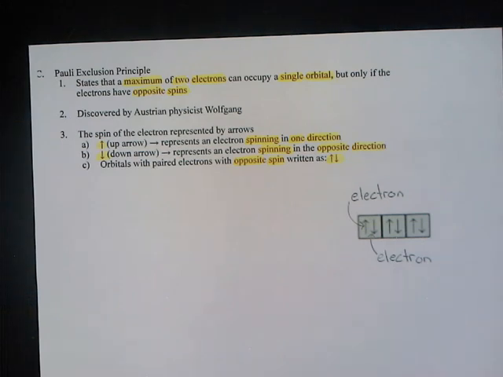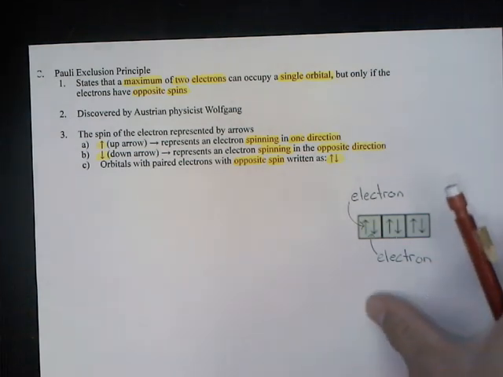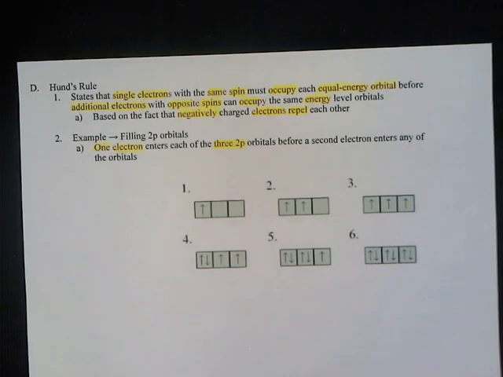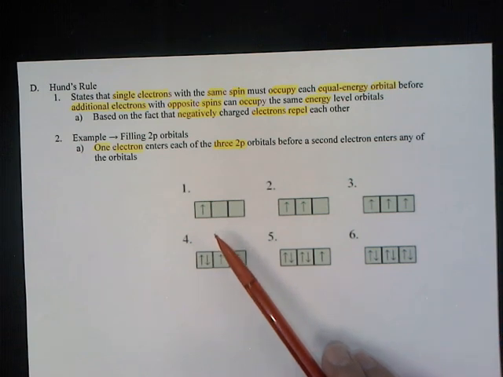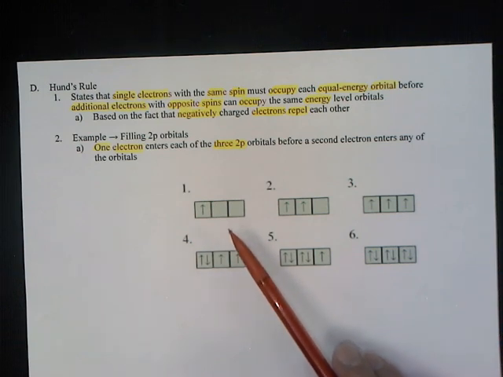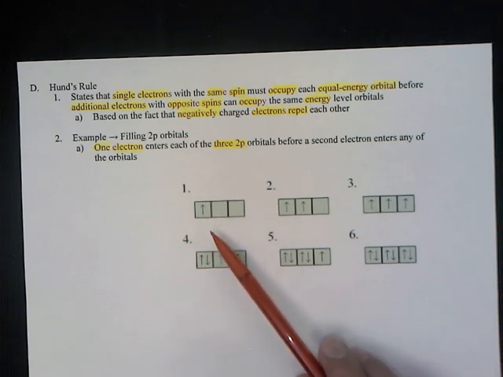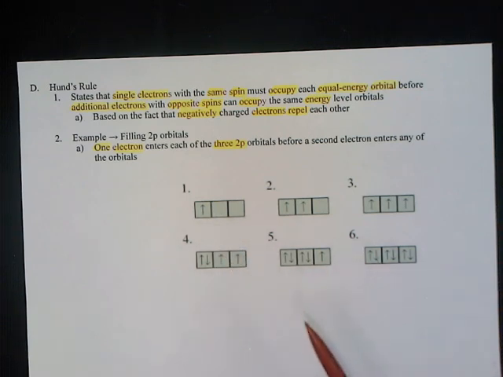Then Hund's rule. Hund's rule says we can only add pairs to boxes in orbital box diagrams if all the orbitals in a sublevel have been filled singly first.